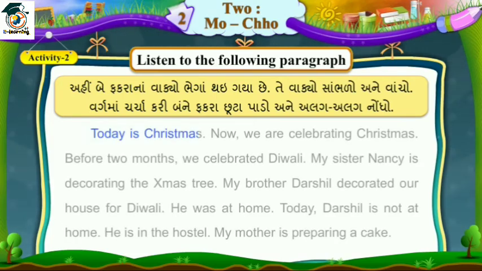Today is Christmas. Now we are celebrating Christmas. Before 2 months, we celebrated Diwali. My sister Nancy is decorating the Christmas tree. My brother Darshil decorated our house for Diwali. He was at home. Today, Darshil is not at home. He is in the hostel. My mother is preparing a cake.